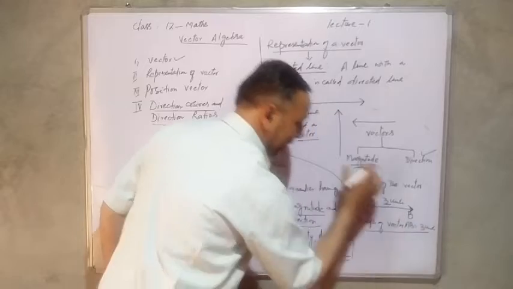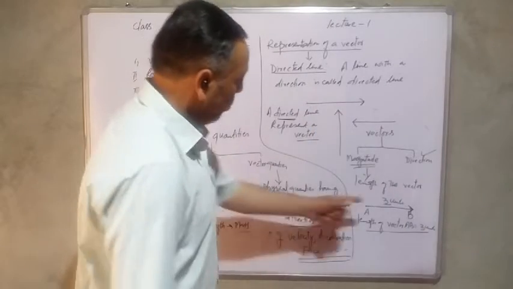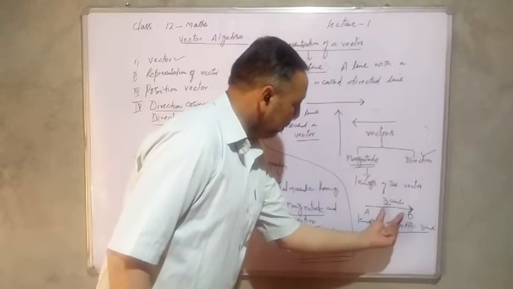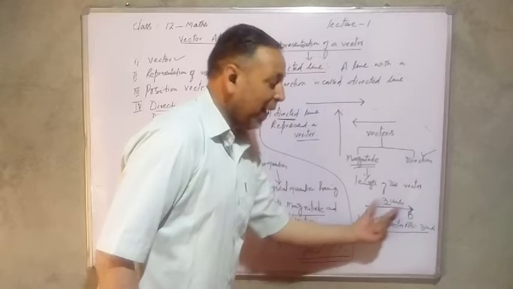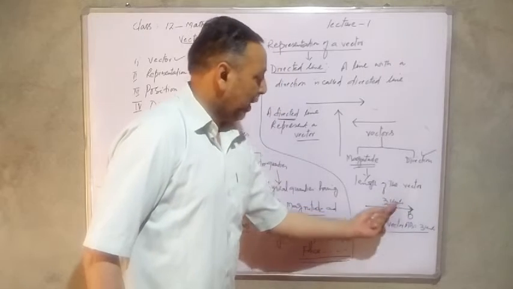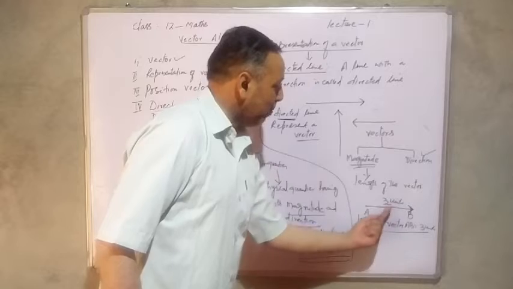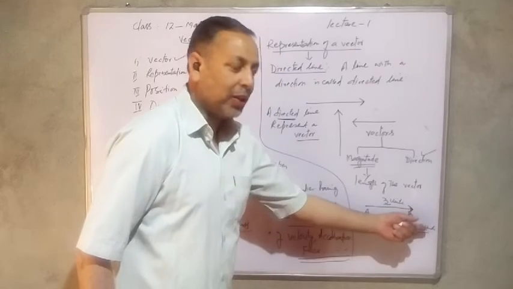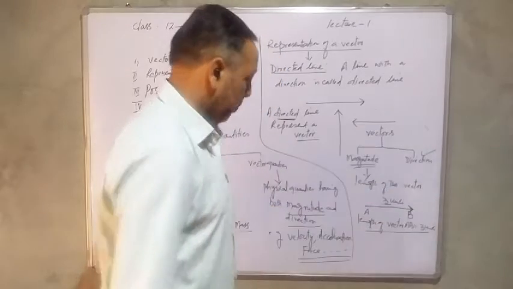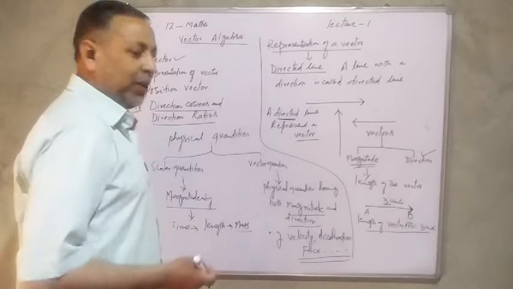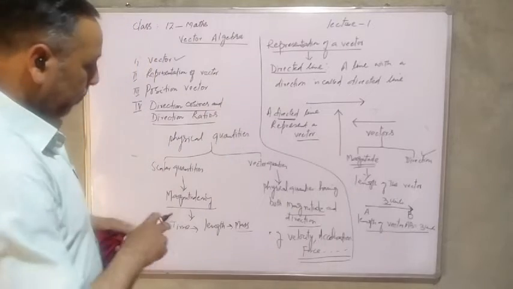So this gives the length. Length is the length of this directed line. Now you pause the video and note it down.